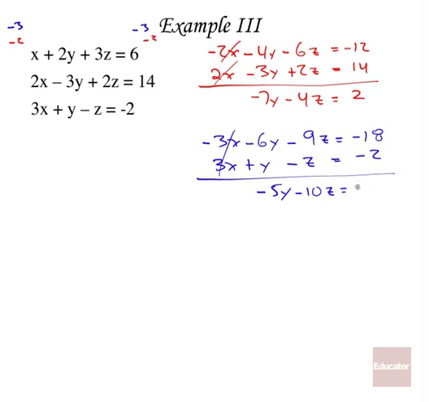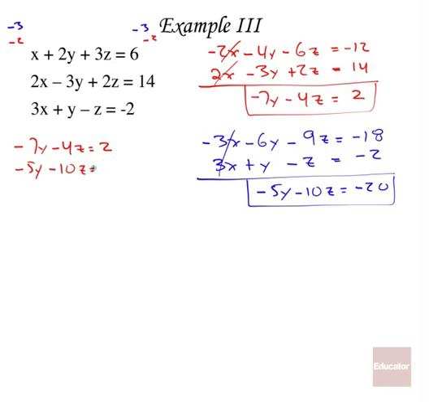Minus 18 minus 2, I get minus 20. So now I have my second equation. And this one was my first equation. So now I have 2 equations in 2 variables, y and z. Now I can work with these 2. So let me bring them over and rewrite them. Minus 7y minus 4z equals 2, and minus 5y minus 10z equals minus 20.